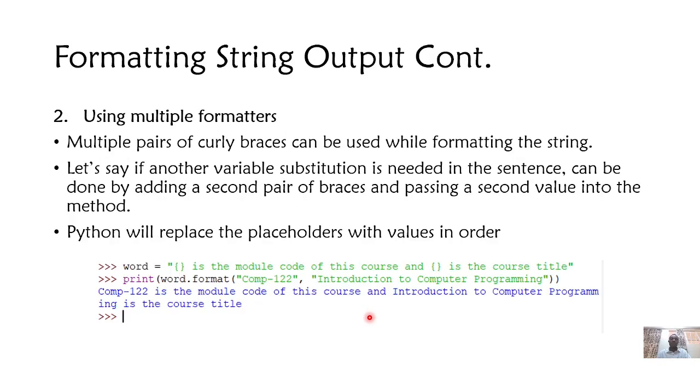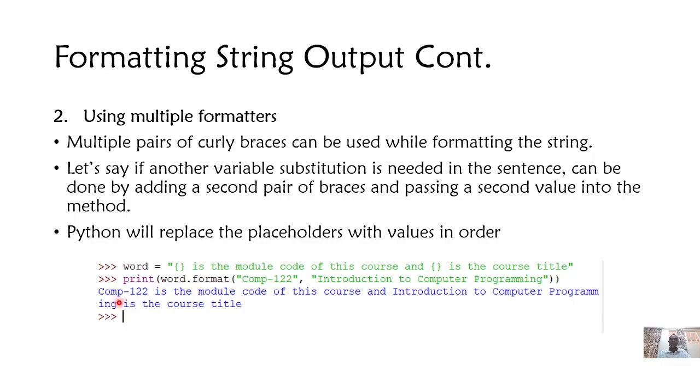Another example has multiple curly brackets. The first part is the module code of this course, and the curly bracket is the course title. As I mentioned before, the first argument represents the first set of curly brackets and the second argument represents the second set of curly brackets.